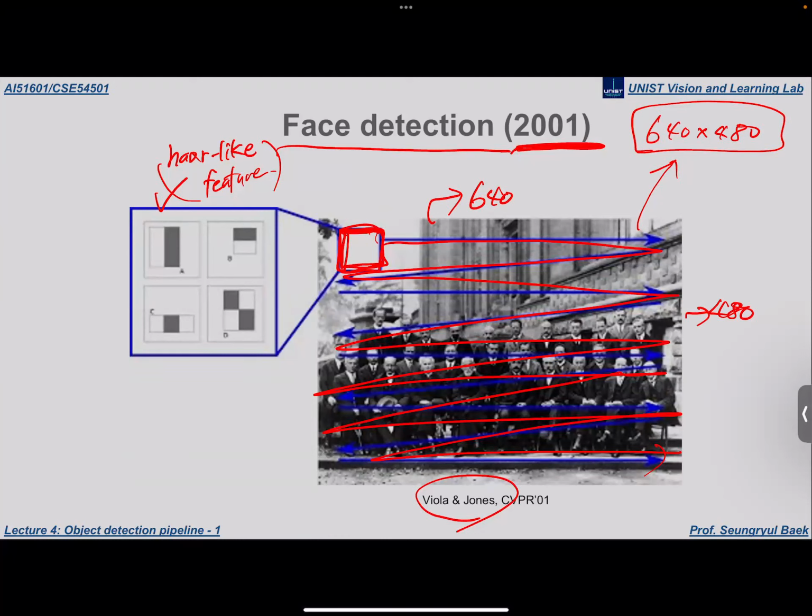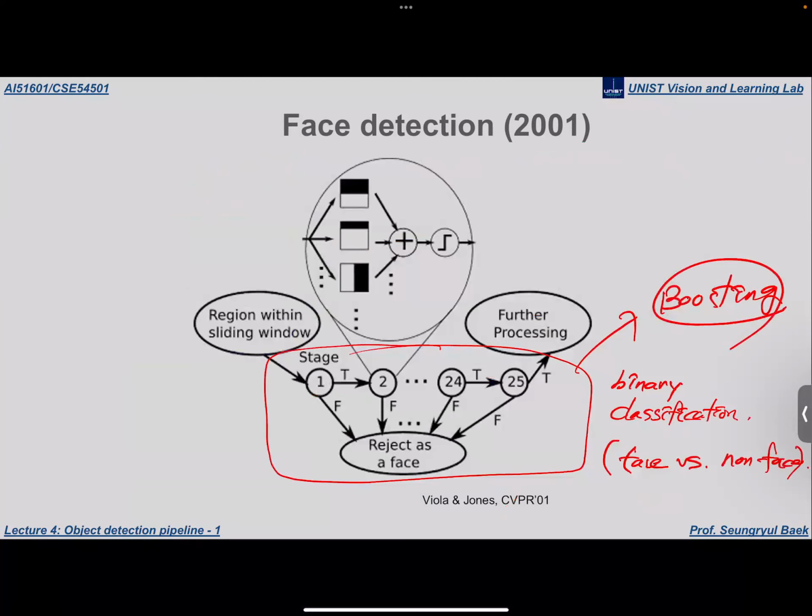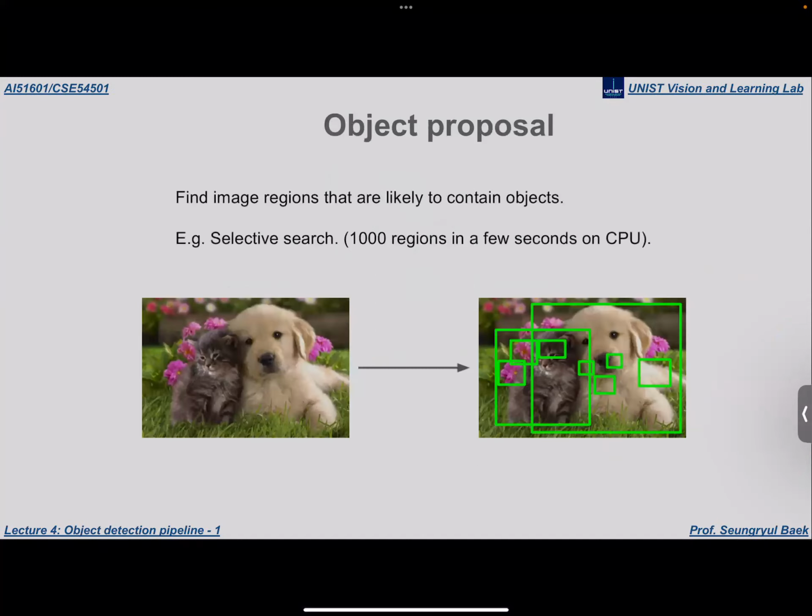Because their classifier is shallow and does not take much time. But in CNN, we cannot do that, right? Because CNN is composed of deep layers and it takes a lot of time for one pass, okay? So we had to think of different methods.